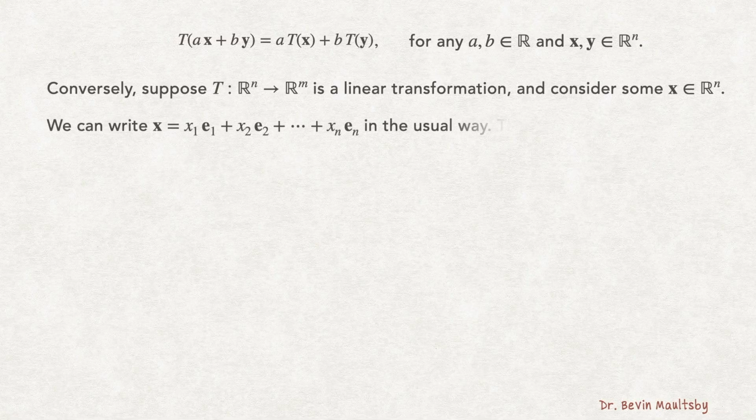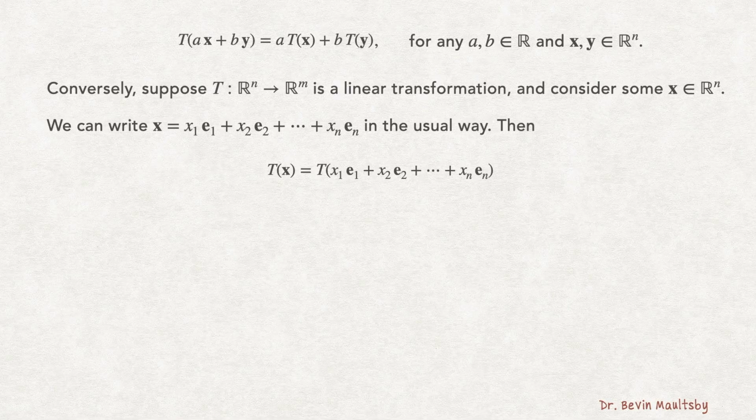Since x is a vector, we can break it down into its first coordinate times the first standard basis vector, plus its second coordinate times the second standard basis vector, all the way through its nth coordinate times the nth standard basis vector in the usual way. We've done this before, which means if I want to say T of x, I can now write that as T acting on this decomposition for the vector x.